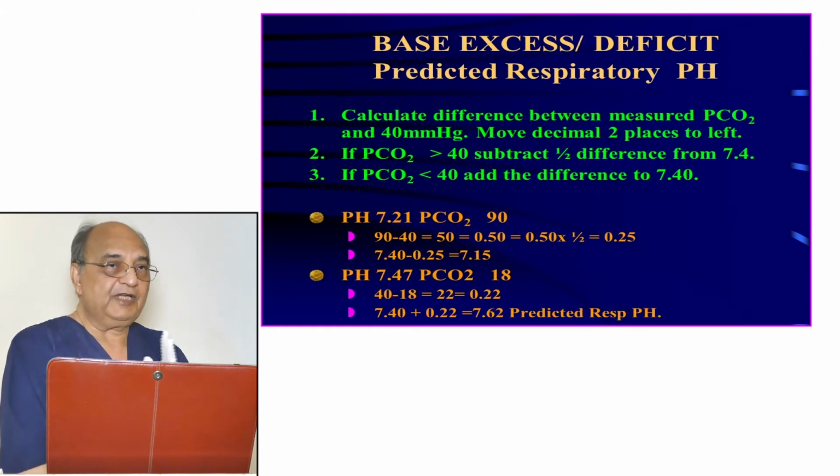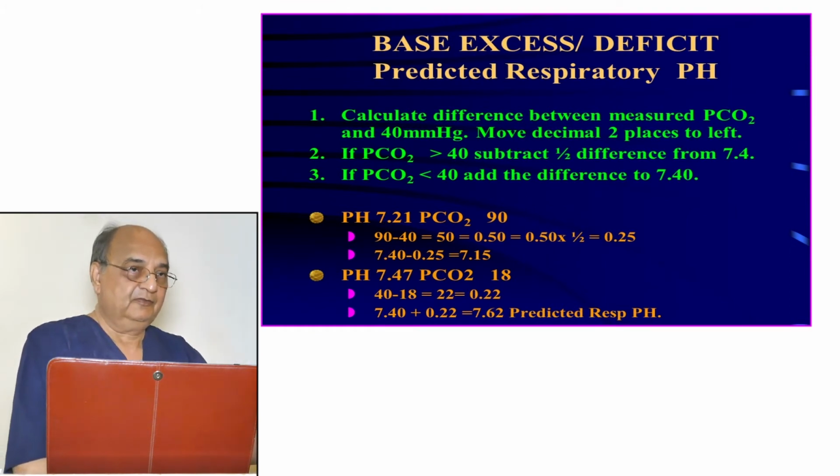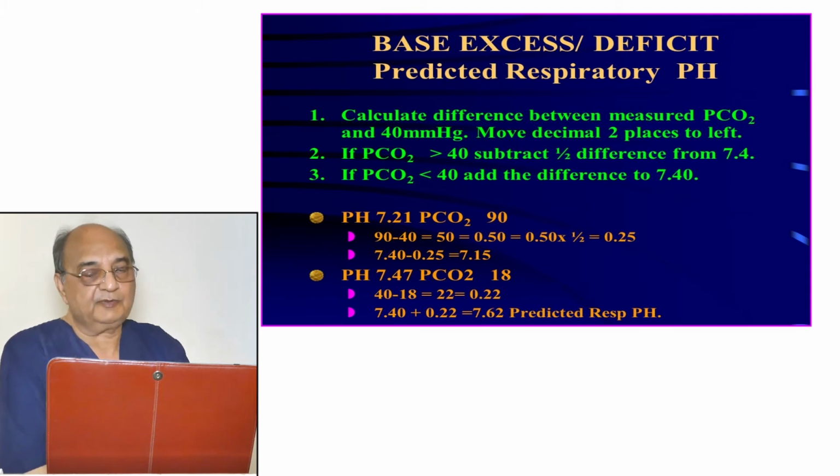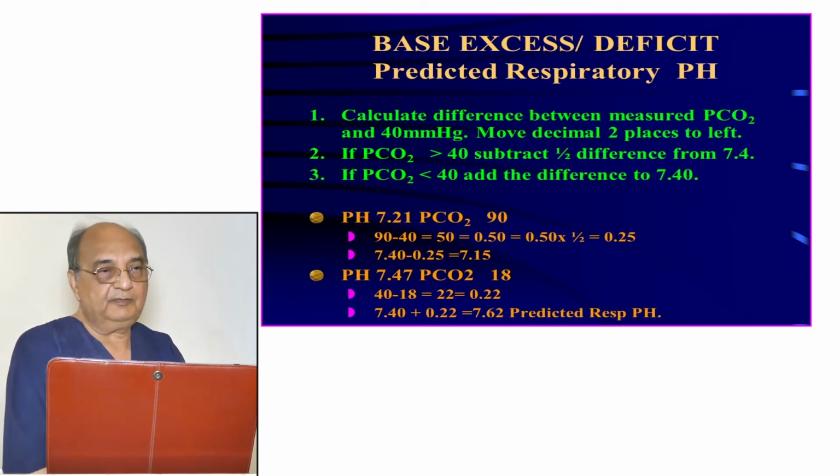You move 2 decimals towards the left, so you write 0.50. If you lower by half or 50%, you multiply it by 1/2, and it will have an effect on the pH of 0.25. The normal pH should be 7.4, then you subtract 0.25, so it should be 7.15. So the predicted respiratory pH should be 7.15.